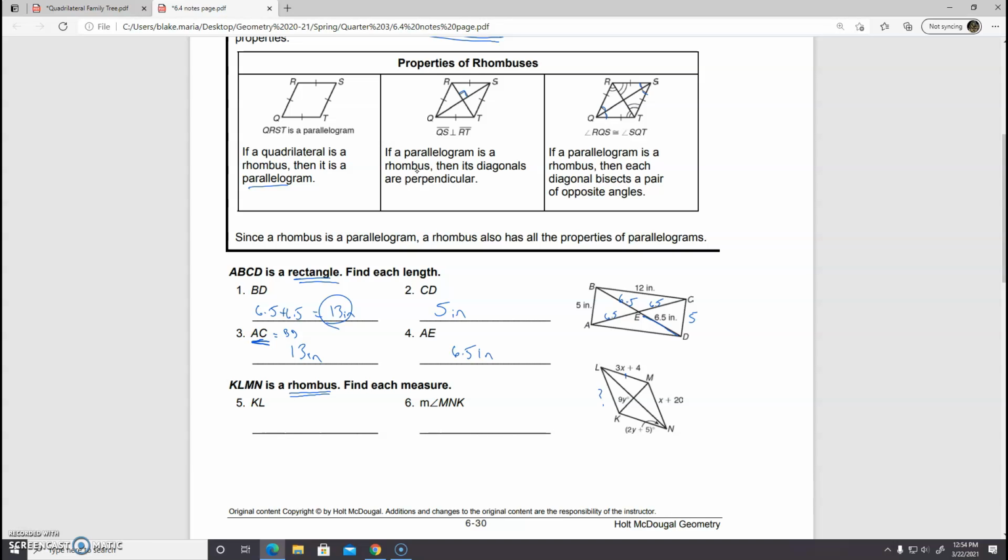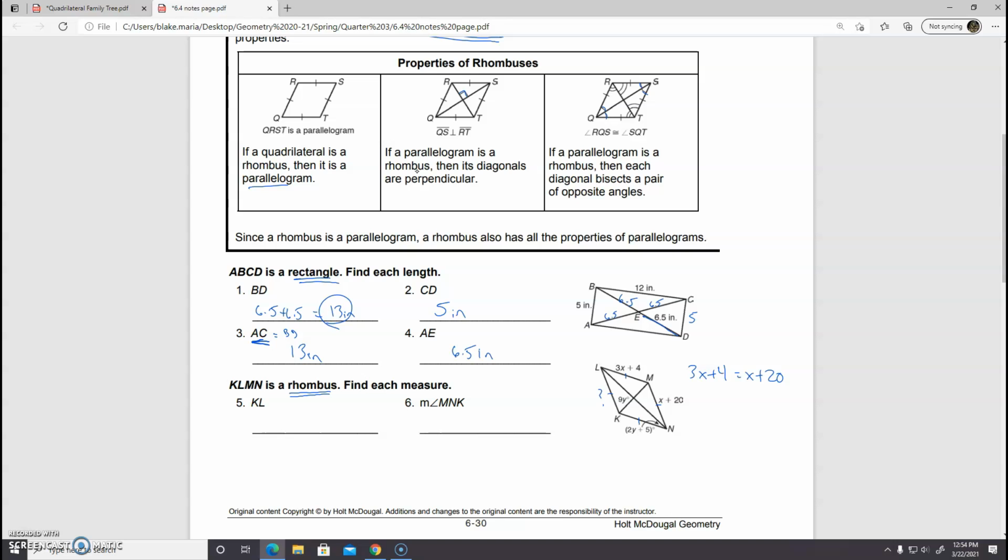So you know LM, MN, KN, they're all the same. They're all equal. So even though we don't need these 2 sides, we're going to go ahead and say 3x plus 4 has to equal x plus 20, right? Because it's a rhombus, the sides have to be equal. And then whatever I find for my side, it should be the same as LK.